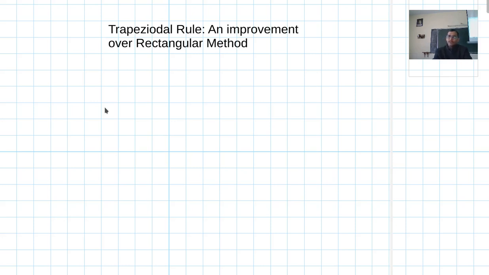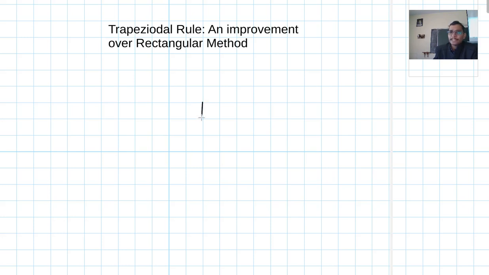So I'm trying to derive this trapezoidal rule in a very simplified manner, and then tomorrow I will talk about the Newton-Cotes method, and using the Newton-Cotes method we can derive the trapezoidal rule, Simpson's 1/3 rule and Simpson's 3/8 rule. Those can also be derived using that, but I will talk about that later on.